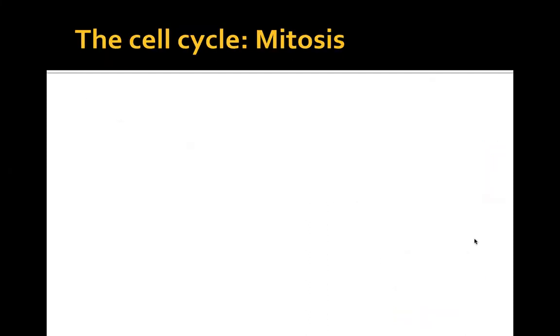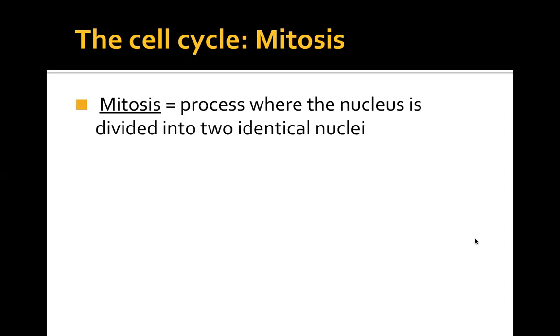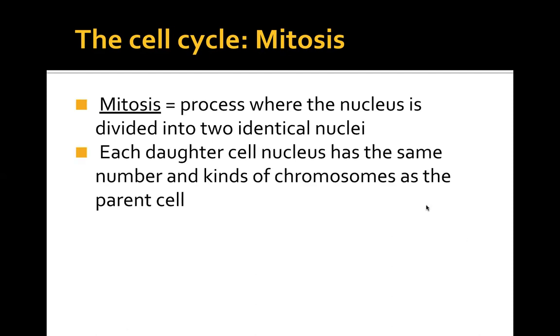So now let's go ahead and talk about the individual steps of mitosis. We defined in a previous class that mitosis is the process by which the nucleus divides into 2 identical nuclei. We have a goal of our 2 daughter cells being identical to each other, so therefore having the exact same DNA.